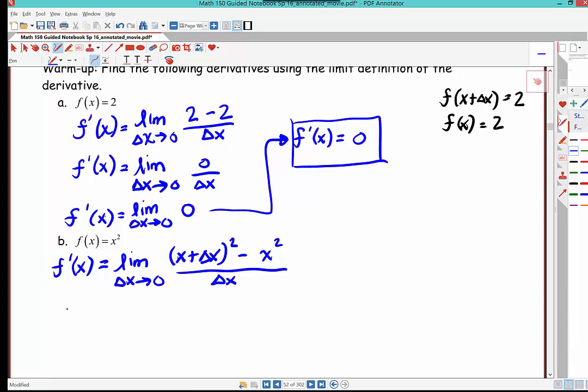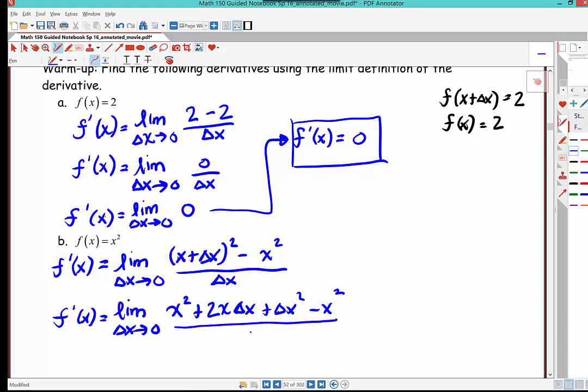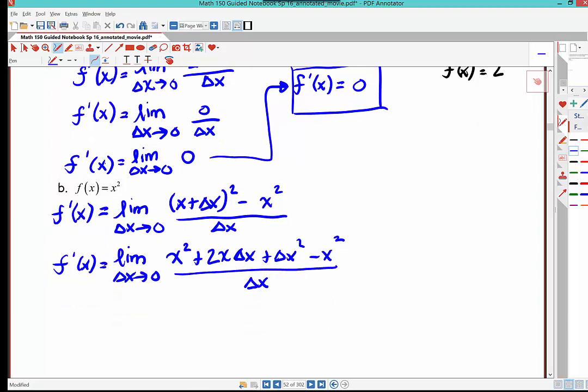So this gives us that f prime at x is the limit as delta x approaches 0 of, good, x squared plus 2x times delta x plus delta x squared minus x squared all over delta x.